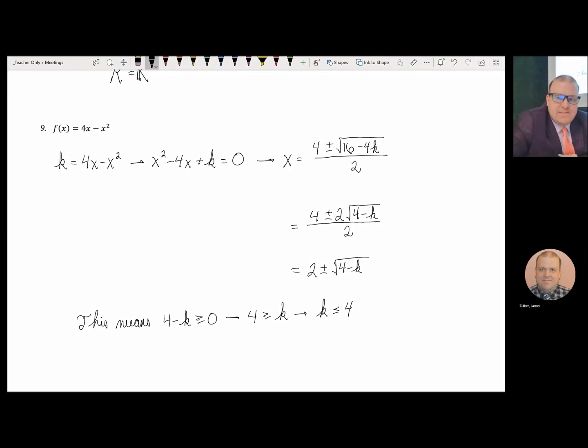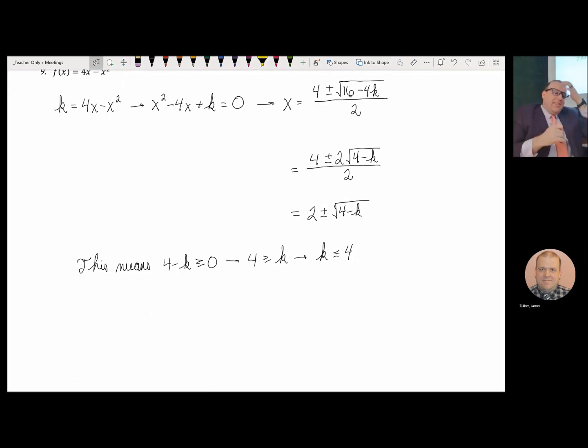So you isolate the radical. Well, I'm not really isolating the radical. I'm just looking at what the values of k are. What values can k be? Well, 4 minus k has to be non-negative, right? That gives me my restriction on k. Think of it like, here's your function, find its domain.